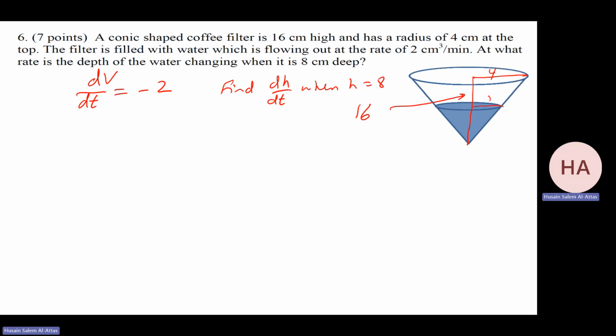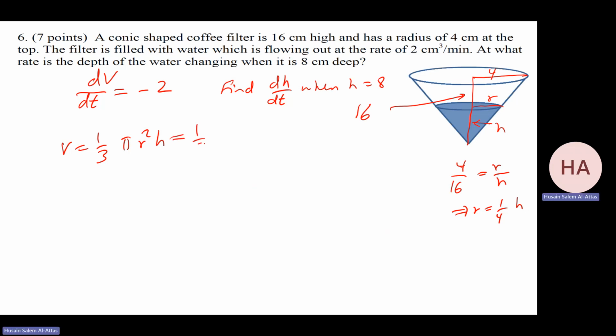I have, this is R, this is H. So I have 4 over 16 equal R over H. That implies R equals 1 over 4 H. Okay. V equals 1 over 3 pi R squared H. That implies, who cares?